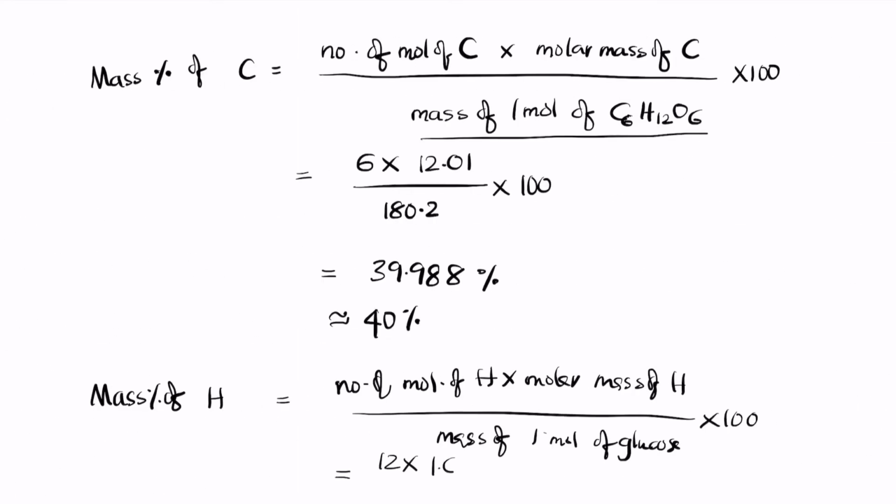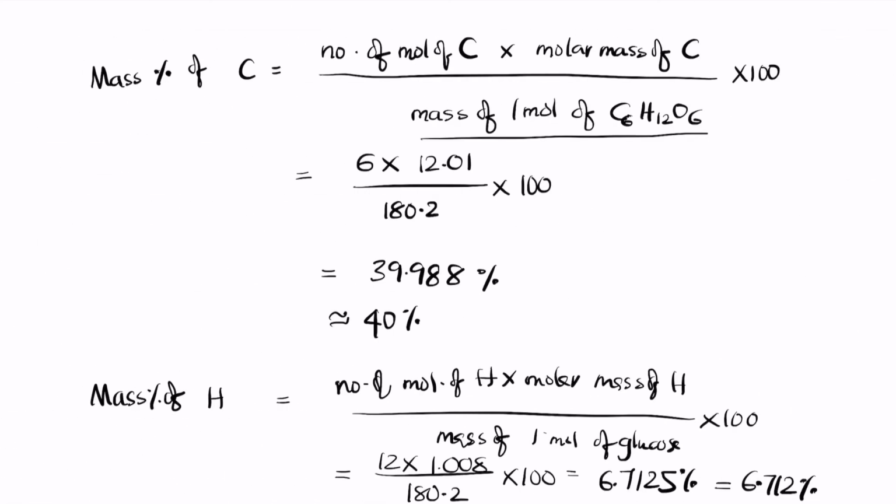So 12 times 1.008 from the periodic table, over 180.2 times 100. That gives you 6.7125%. The maximum number of significant figures you want is 4, so this becomes 6.712%.